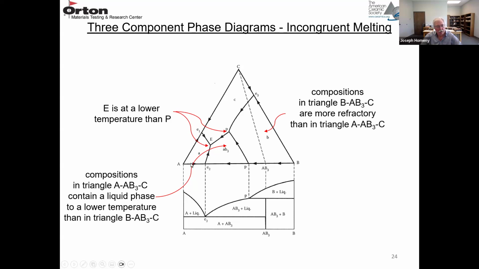So compositions in this triangle, A, AB3, and C, are going to contain a liquid phase at a lower temperature than in triangle B, AB3, and C. So this is the low temperature region of this phase diagram. So if you start out with compositions in this compatibility triangle, they'll be more refractory than in this other compatibility triangle.